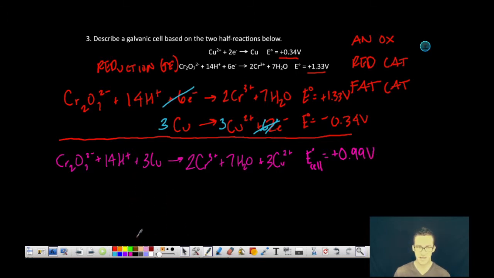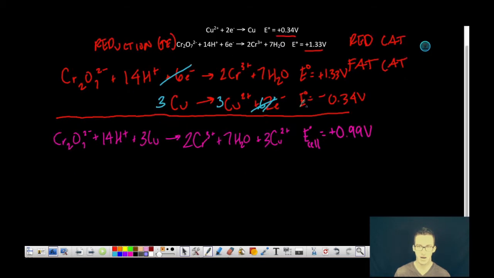As we take a look at describing this in a cell diagram, our anode, which is where oxidation takes place, is going to be solid copper in a copper 2 solution, connected by a salt bridge. Once again, this is an example where we have just a bunch of ions in our reduction half reaction.